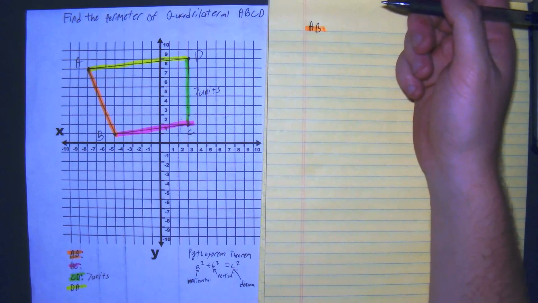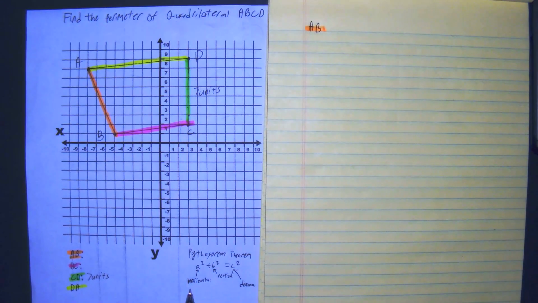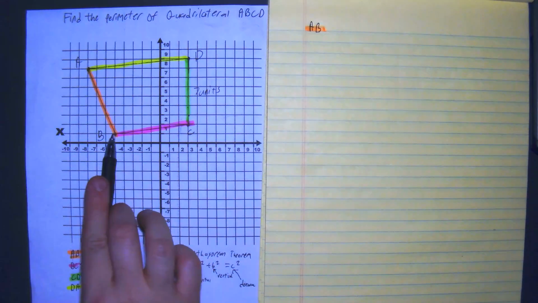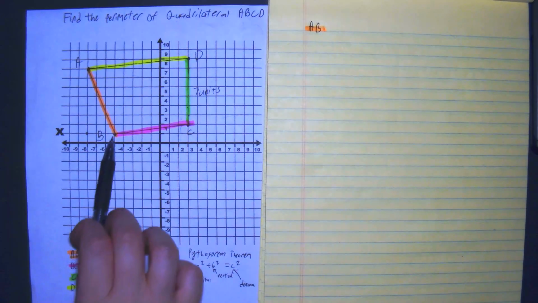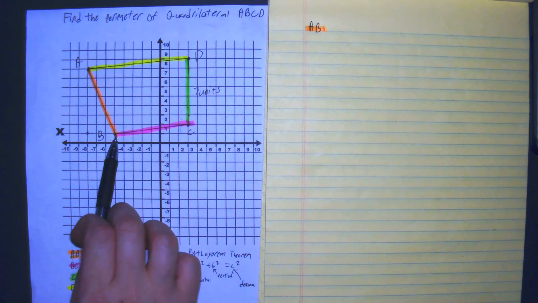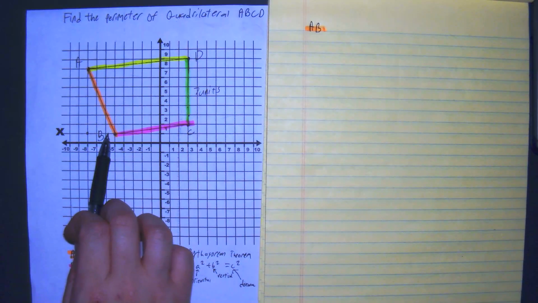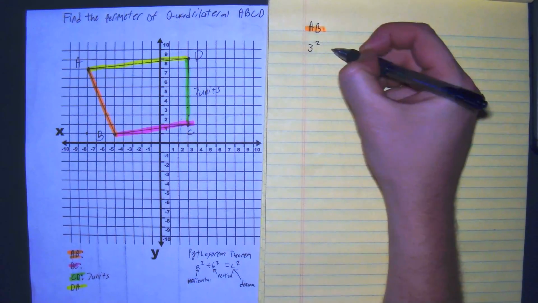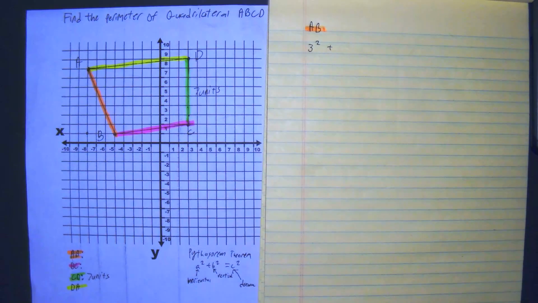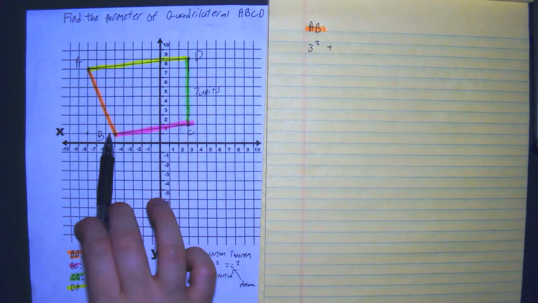So we're going to get AB done. First we said it's going to be horizontal, so I'm going to start on point B and go all the way down to this point. Starting point 0. So 0, 1, 2, 3. So our horizontal A is 3 squared. Now we need to do a vertical distance. 0, 1, 2, 3.